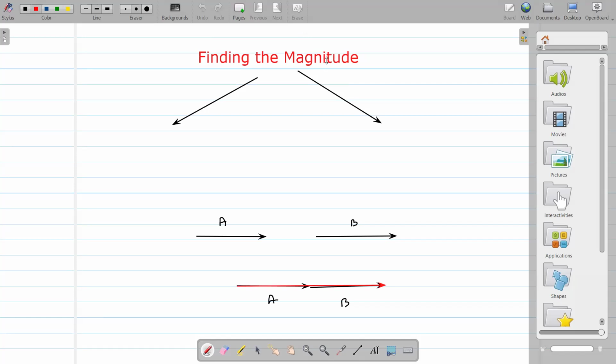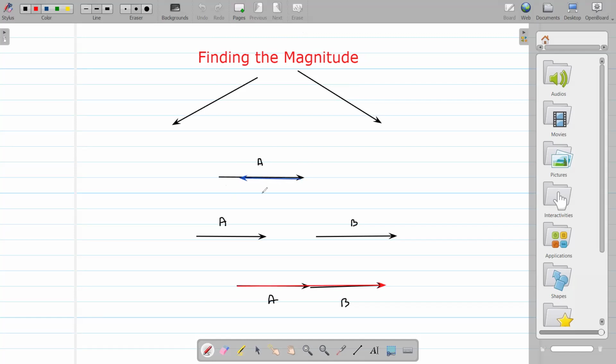And another question: if vector B is in the opposite direction. First we do vector A, and then we do vector B. I will use another color because it will overlap. So say this is vector B, the blue color.